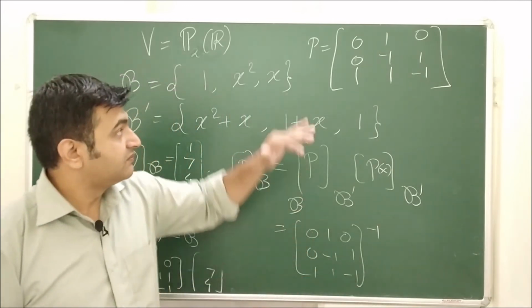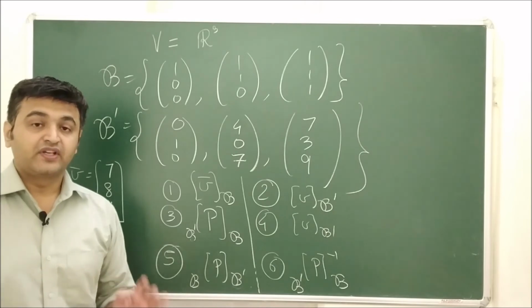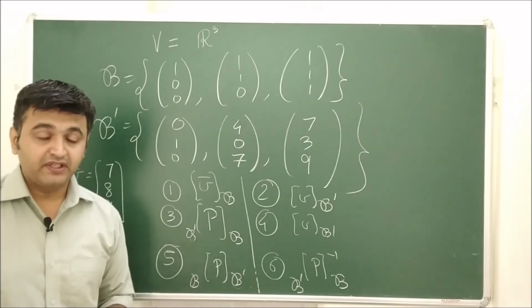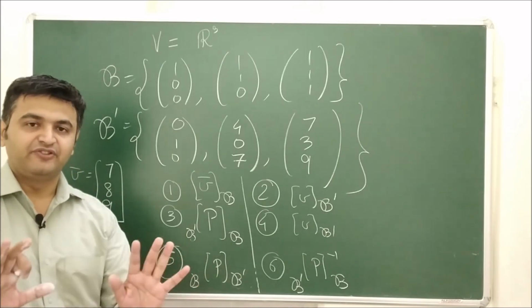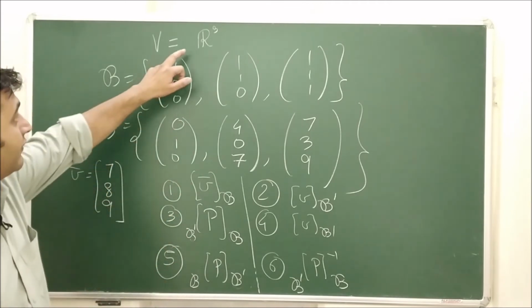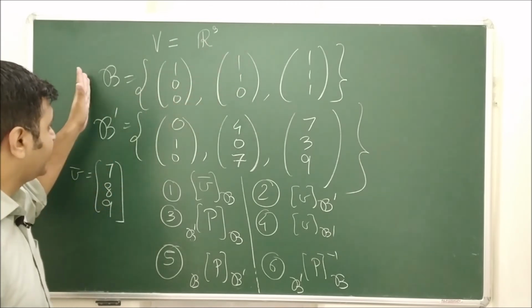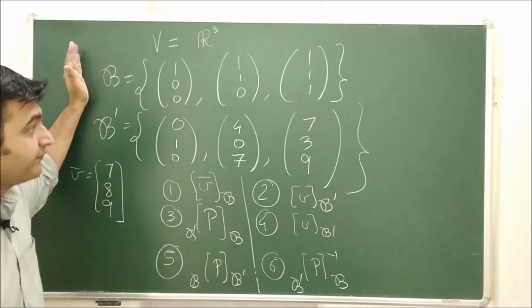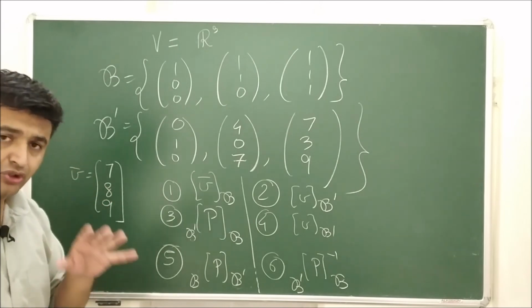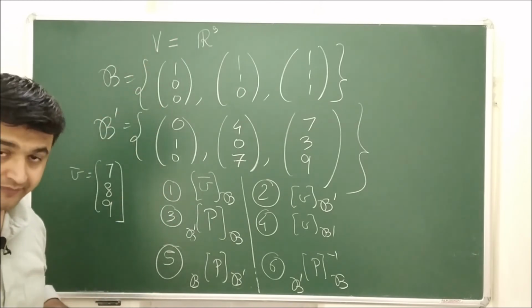Now let me give you some homework problems so that you can practice. Trust me, once you solve this, you are good with the change of basis concept. So V is R3, a three-dimensional vector space over real numbers. B and B prime are bases for R3. If you are not sure, first verify that they are linearly independent and span the whole of R3.